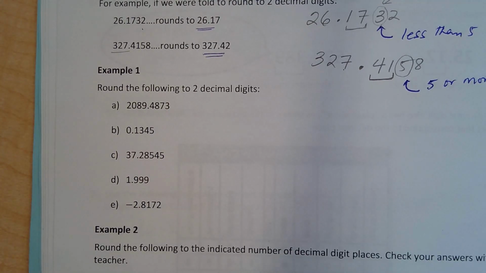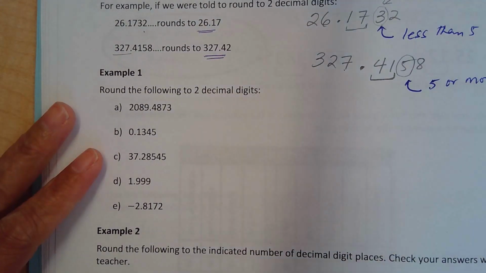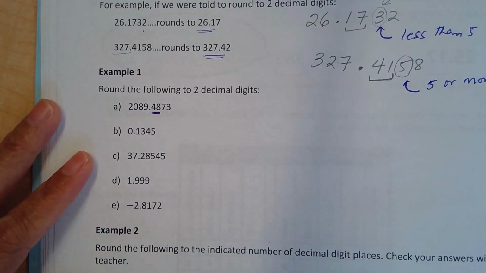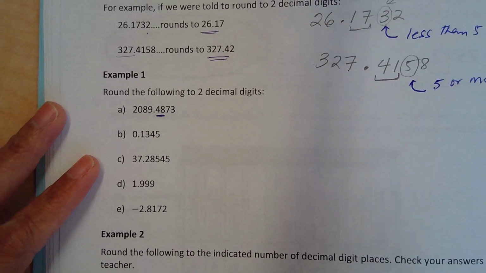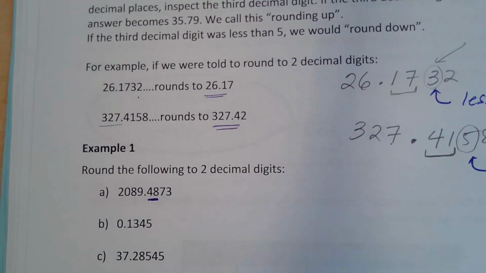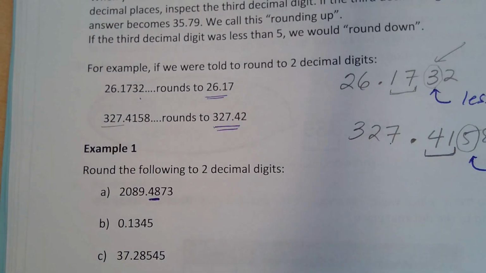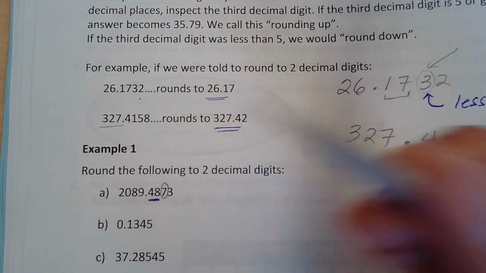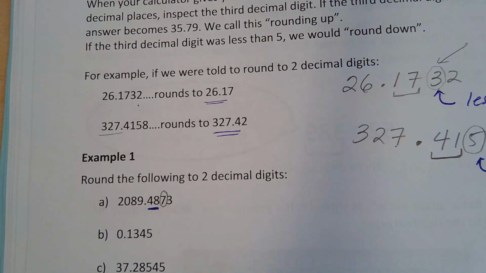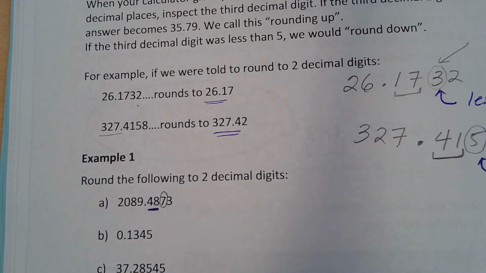Let's try this one. Round the following to 2 decimal places. That's 2 decimal places. But then I'm going to look at the number after those 2. I see that this is 7. So is it round up or round down? Round up, right?